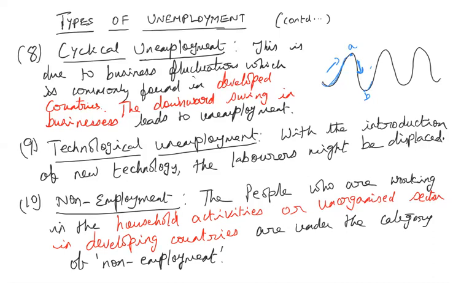So many types of unemployment are there in developing countries, and on top of it, they are not temporary. They are more or less long term in nature, becoming a permanent issue in most of the developing countries. Okay.